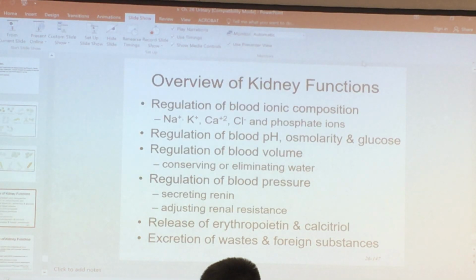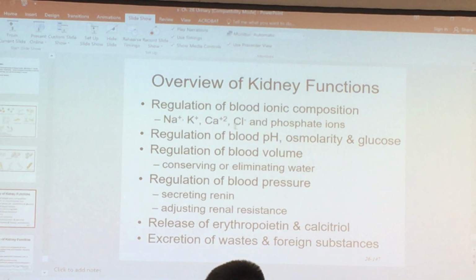So overall, kidney function is very important to regulate all these ions, sodium, chloride, calcium, phosphate. Okay.